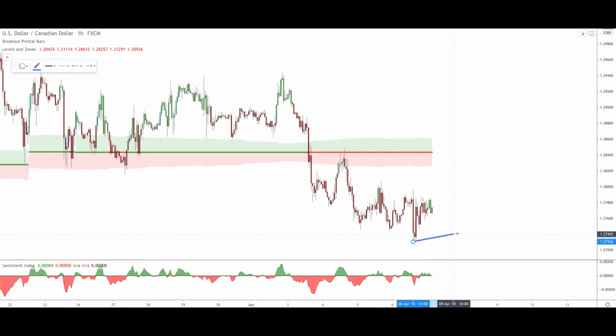So the consolidation looks like this, because you see the candles here which are allowing us to draw this trend line, and it's pretty much like this, okay?